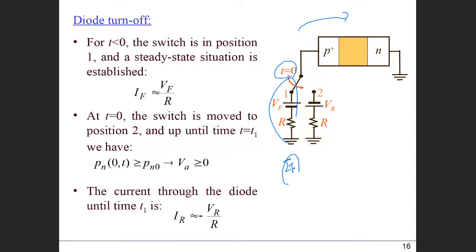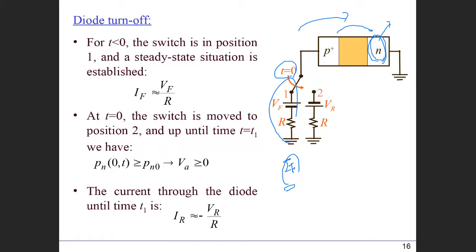When the forward bias current flows, especially in the n side, we start to see the number of holes increase. The minority carrier in the n side is increased due to this forward bias, and it stays there.